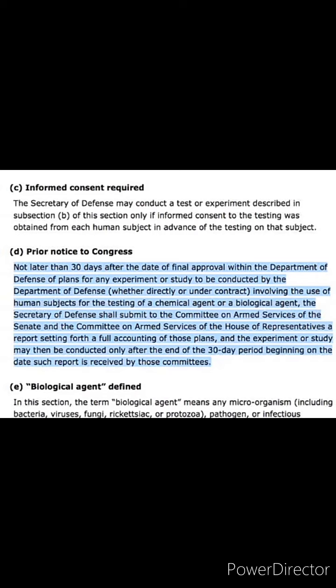Again, your consent to be tested on is being granted by your congressmen and your senators, and generally with the full knowledge and comprehension of the governor of your state.